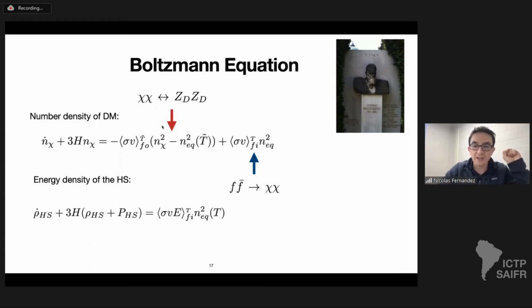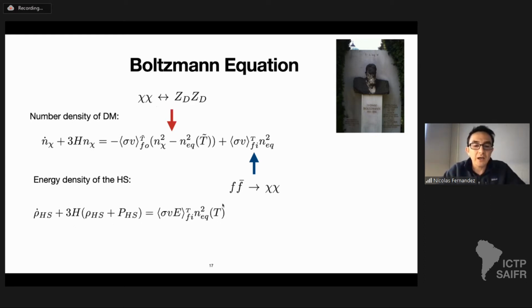This is the term that is in the hidden sector, and this is the term that comes from the annihilation of fermions to dark matter. The energy that is injected into the dark sector, as explained previously, is only coming from the injected dark matter. And if I want to know the temperature of the hidden sector, I have to now solve the energy density equation.